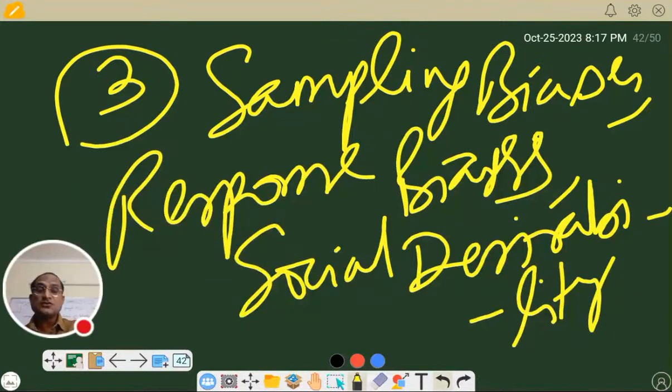Sampling bias: why choose BHU only? Why did you choose that sample? Response bias: everybody in the BHU sample group is not giving you the right response. They are holding back the response. They are giving a wrong response. Social desirability: just to appear good in the eyes of the researcher, they will say we are very friendly people, we respect each and every religion, although they abuse another religion every now and then.